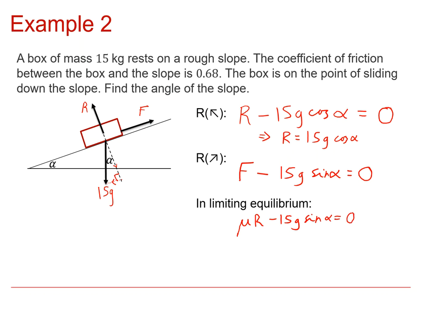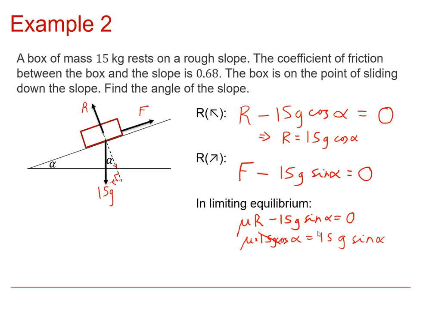Now we need to do a bit of algebra here, so we can combine these two equations together. I know that R is 15g cos alpha, so I can replace this R here with 15g cos alpha. So I have mu times 15g cos alpha, and then if I take this over to the right, that will be equal to 15g sine alpha. Now a couple of things to notice here. Firstly, I've got 15g on both sides.